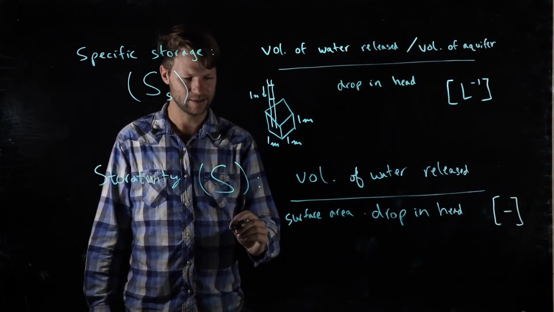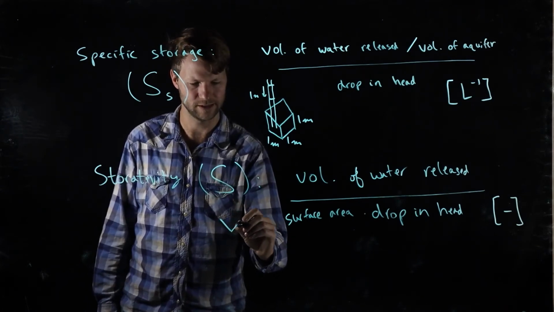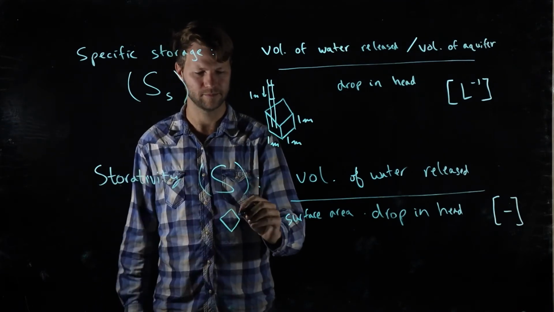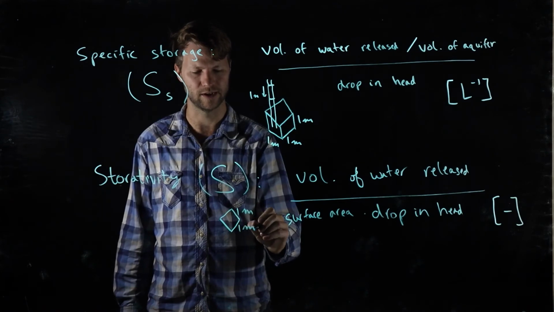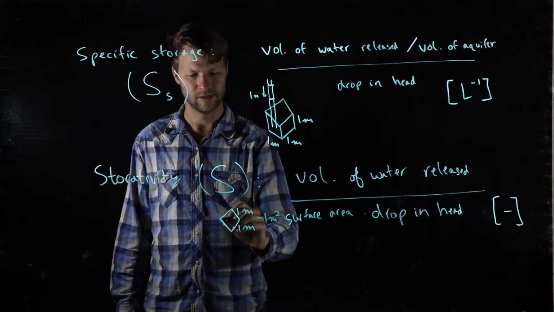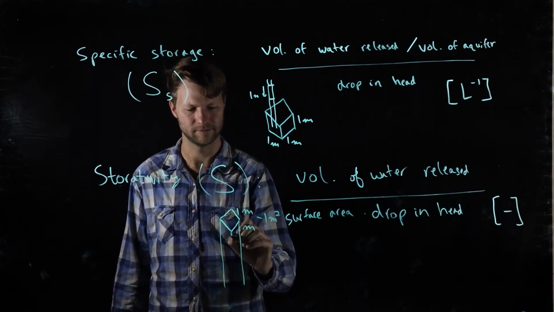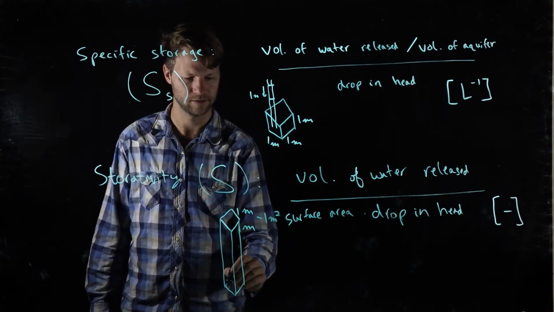And the way that I think about this is now you're considering a surface area, which let's say it's a unit surface area, so it's a meter squared, it's 1 meter on either side. And you're considering the entire thickness here. So it's going down to wherever the bottom of the aquifer is.